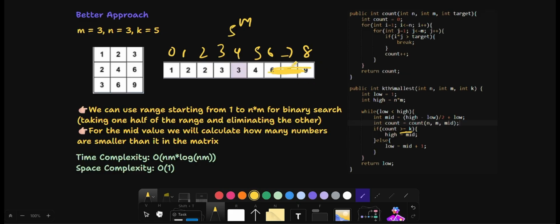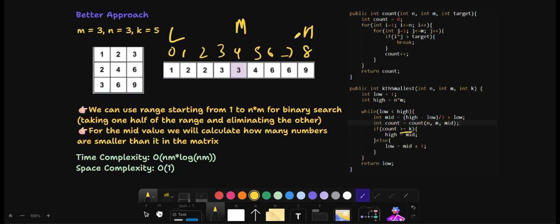So we are solving a problem and we are dividing it. That is why the complexity will become log of n times m, which is much better than n cross m or any other value of this. And if we are finding the seventh element, let's suppose this is low, this is mid, and this is high.